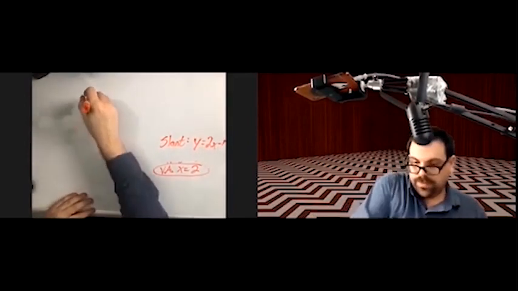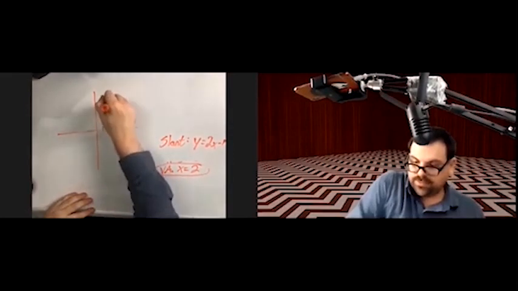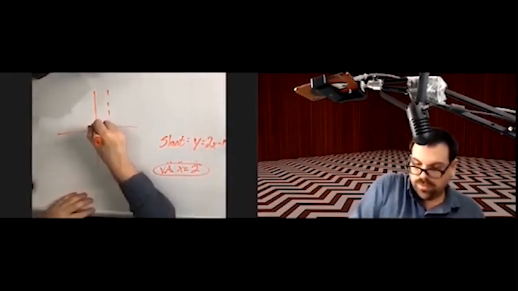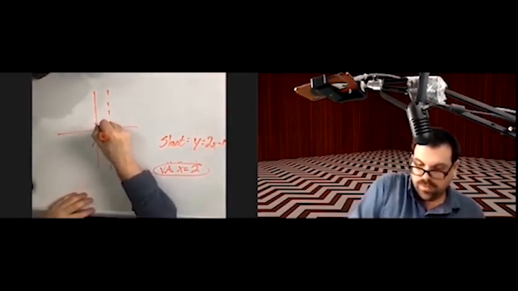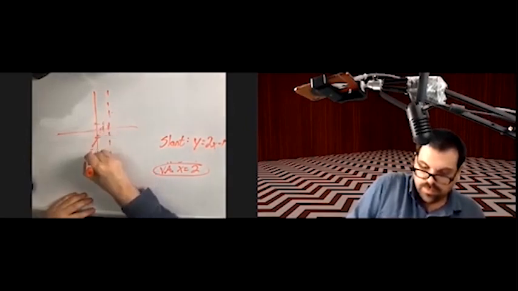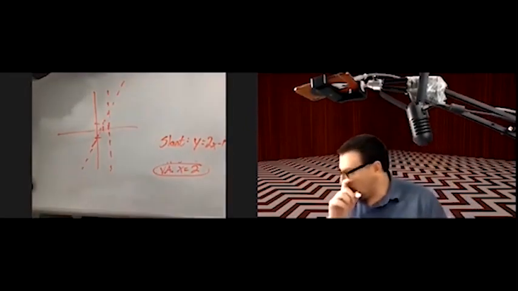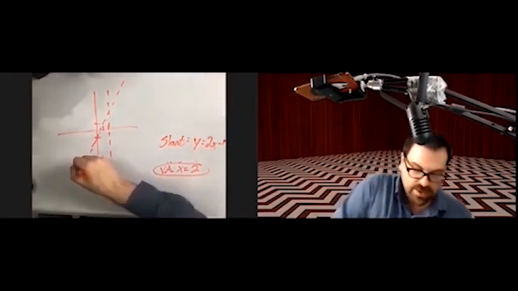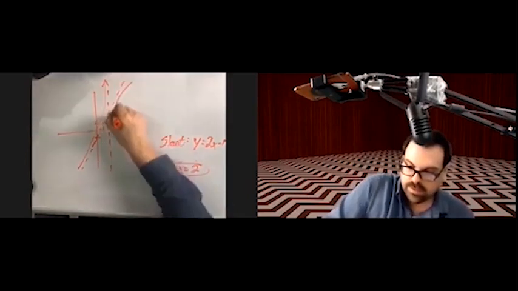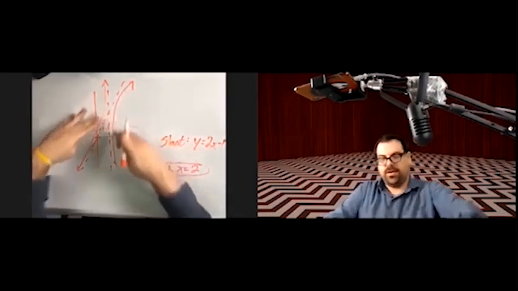So on the graph, x equals 2. Oops. This is something like that, y equals 2x minus 1. And here, we're actually going to be bending on these ones.